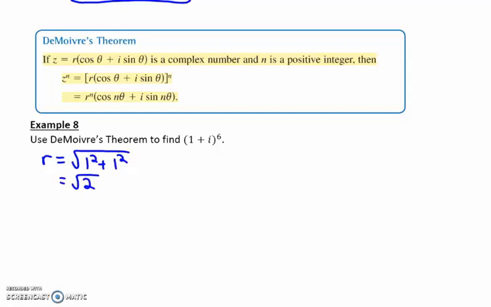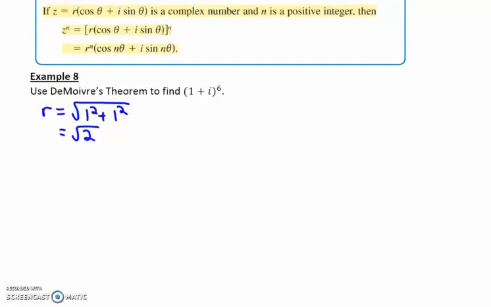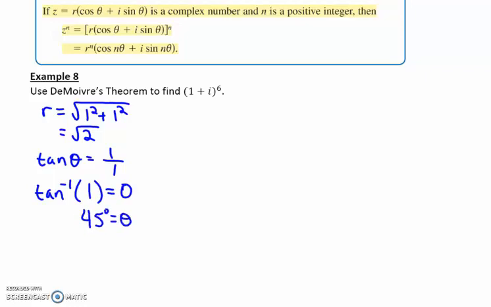And we know that the tangent is going to be 1 over 1, so the tangent is 1. The inverse tangent of 1 is equal to our angle theta, so our angle is 45 degrees.